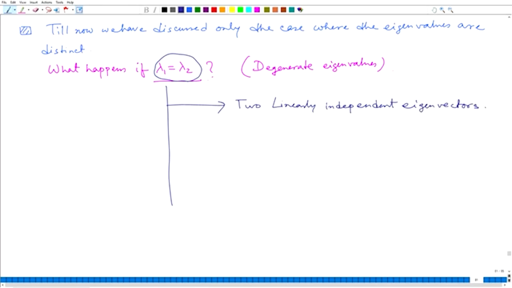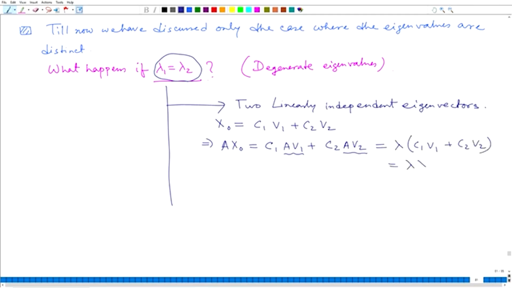If it is like this, then I can again write the initial value of the state vector as x0 equal to some c1 v1 plus c2 v2. Now if you apply A on x0, you get c1 A v1 plus c2 A v2, but both A v1 and A v2 give you lambda times v1 and v2. So, you will have lambda times c1 v1 plus c2 v2, that is, lambda times x0.